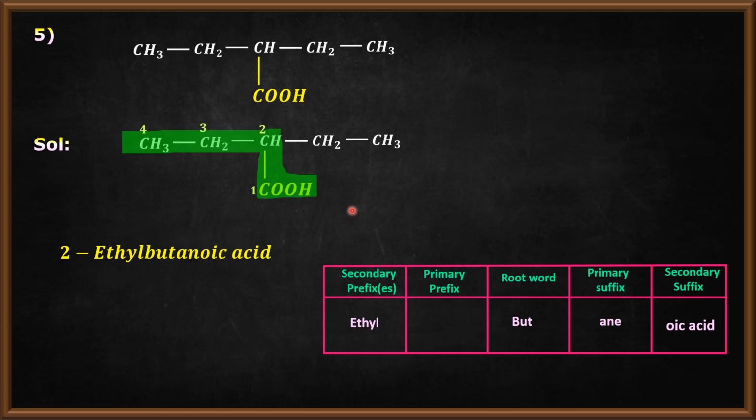And here the locant 1 is not required before the secondary suffix. Why? Because serial number 1 is assigned to the carbon atom in the functional group itself. For that reason, 1-oic acid is not required. So 2-ethylbutanoic acid.